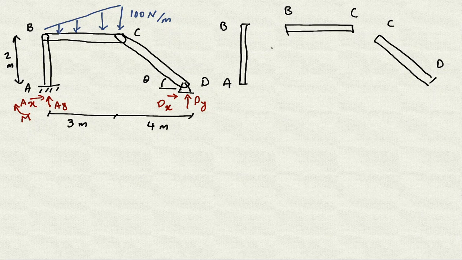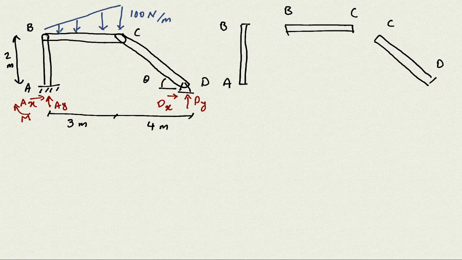Now I'm going to put the external forces. The only external force we have is this 100 newton per meter distributed load. I'm going to just replace it with the resultant force. We know that the magnitude of this distributed load is equal to the area underneath that load. So the width of that is 3 meters.